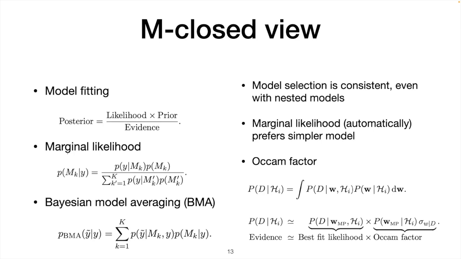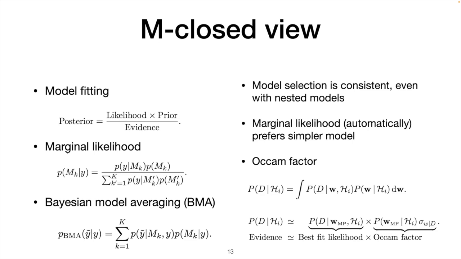It's the prior probability of that MLE times the volume, because you can imagine the Laplace approximation involves the height and the volume. The height is just the prior probability of that MLE, and you can approximate the volume by the standard deviation of the MLE in the prior distribution.